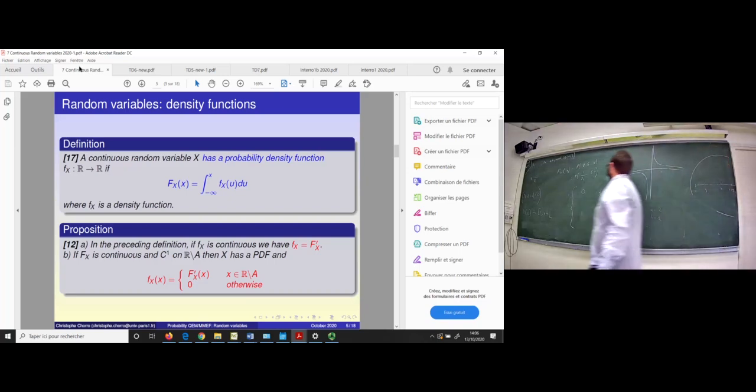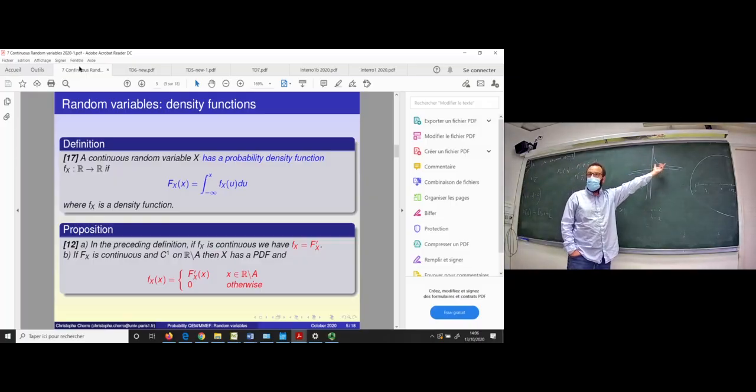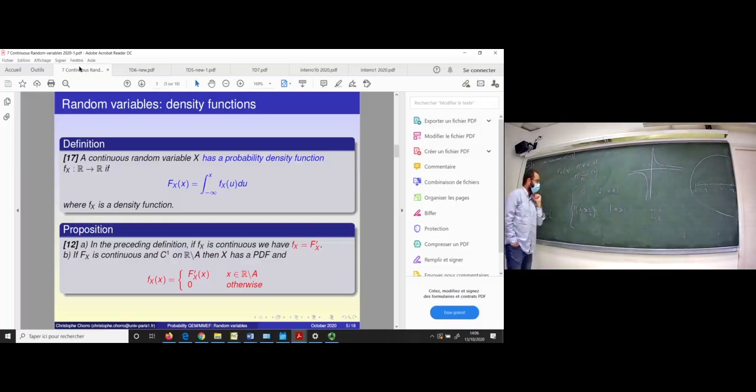So if x is strictly greater than 1, it's the probability that x1 is greater than 1 over x. Because I take the inverse here, and for the inverse I have a decreasing mapping. It remains to compute this.